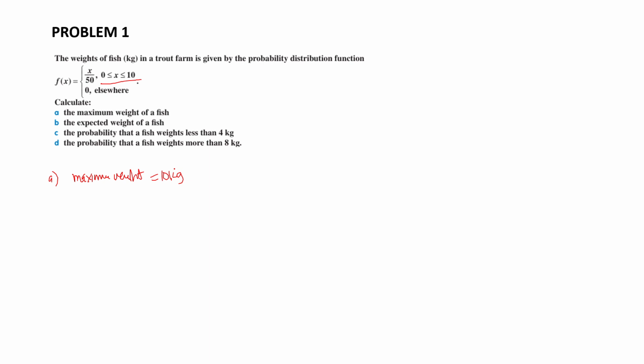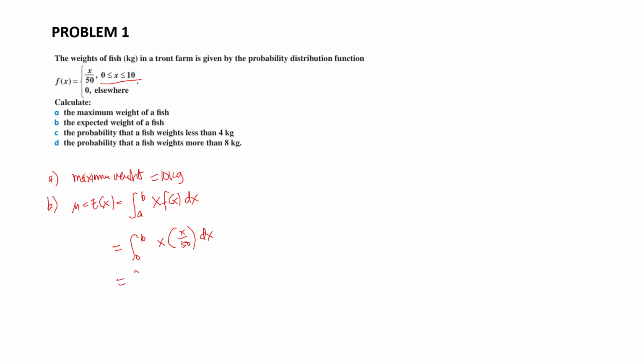Next is the expected weight of the fish. So let's have letter B. The expected value is equal to mu, which is the integral from a to b of x times f(x) dx. Here, from 0 to 10, x times our f(x), x over 50, dx.